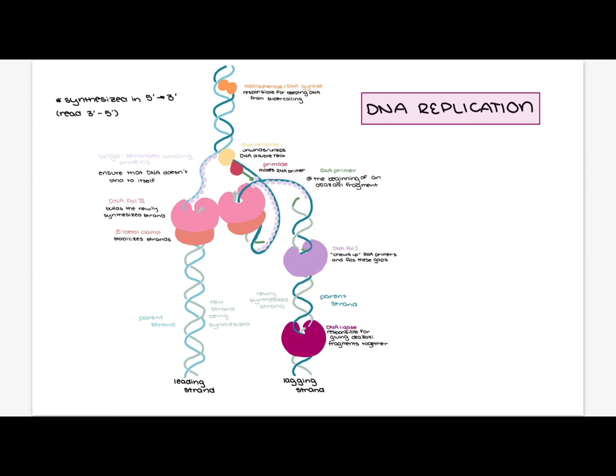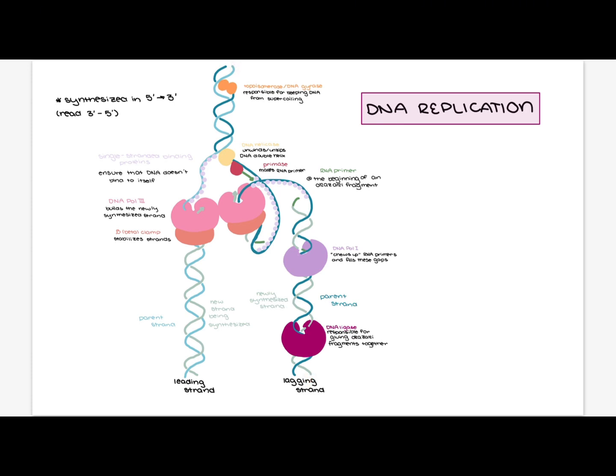And there are differences in the leading and lagging strand synthesis because these two parent strands are being synthesized in opposite directions, because if you remember, DNA is complementary to each other. These two strands of parent DNA are complementary to each other. So one is in the 3' to 5' direction, and the other is in the 5' to 3' direction.